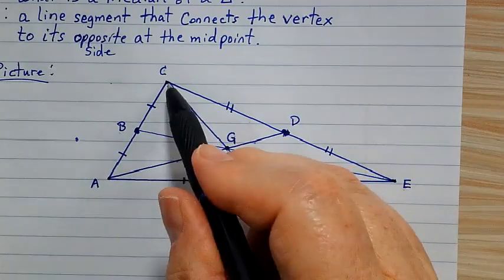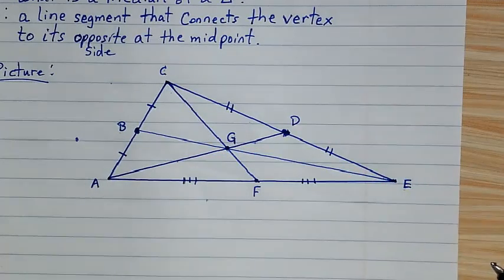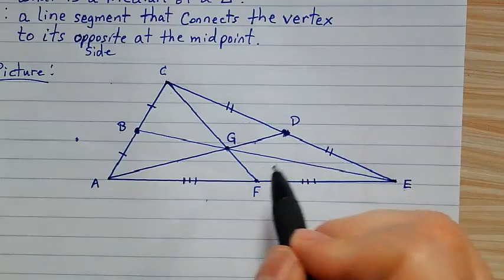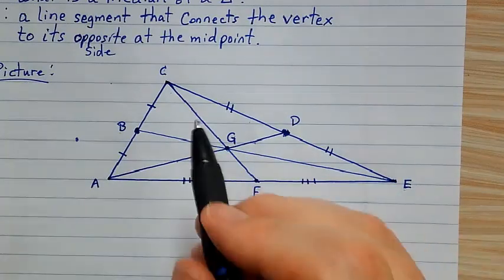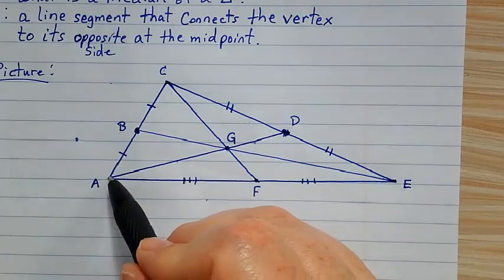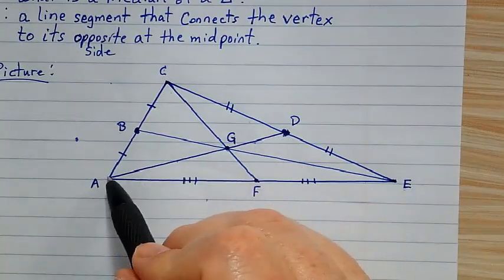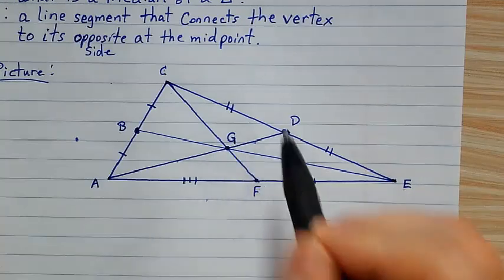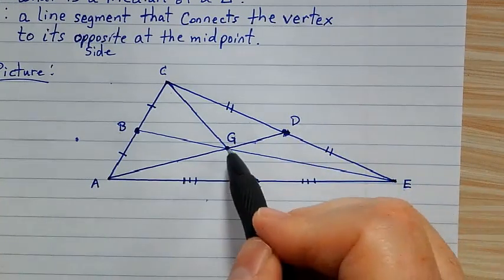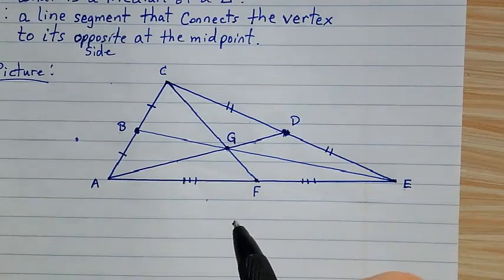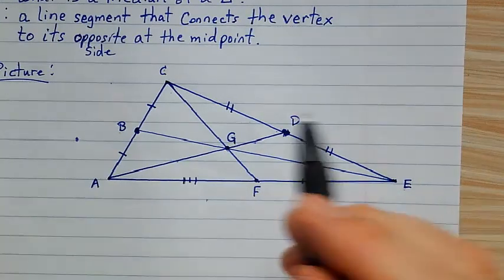Can you all see that? But not only is it long and short side, but let's see if you have the idea. Look at median AD. Which one do you think is the short segment, from A to G or G to D? Which one is the short segment? G to D or G to A? G to what? D is correct.